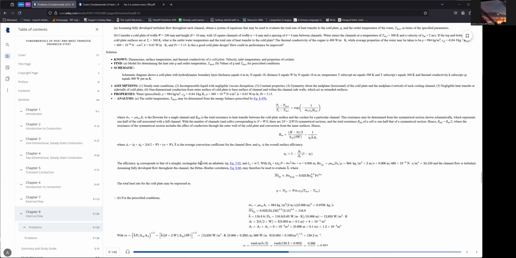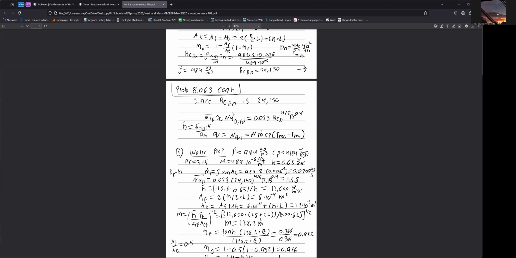Through the Dittus-Boelter correlation. So this is the Dittus-Boelter correlation up here, and then multiplying that by K over the DH value gives us the H bar.